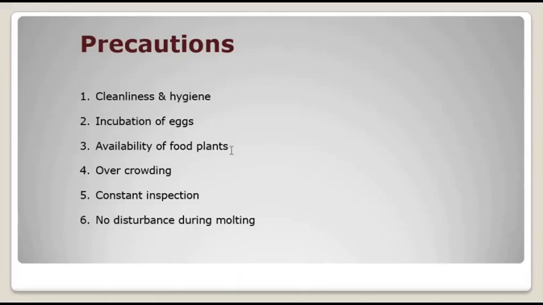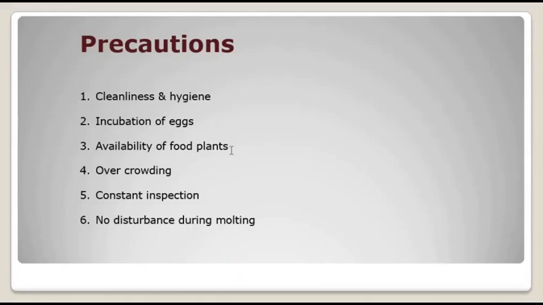This is always monitored by the rearer, so that if some kind of infection is there, it will be caught in the early cases and further loss will be prevented. Otherwise, that can cause heavy loss to the sericulture industry or silk rearing process, right?